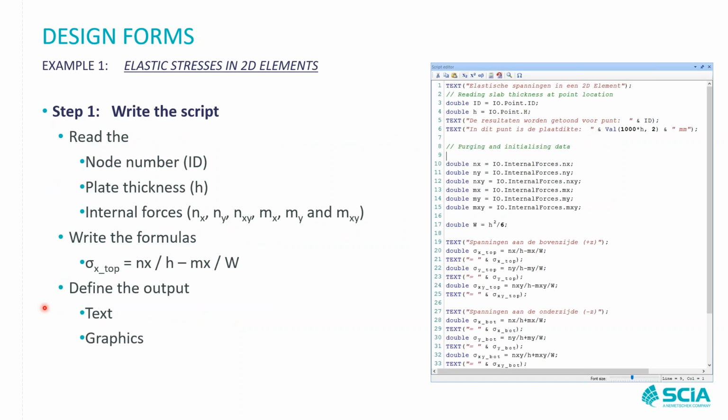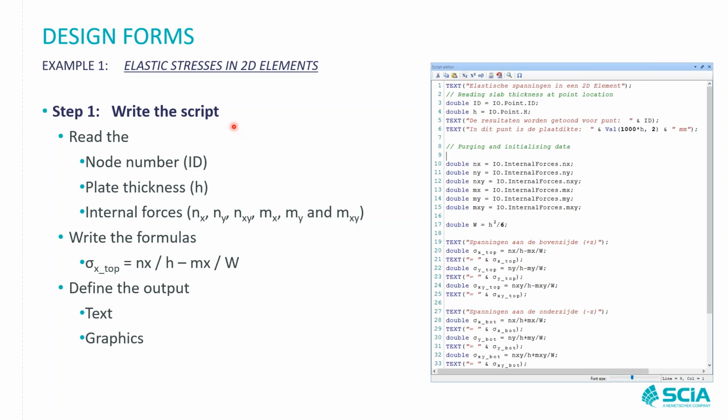So how does it work? Step one is writing the script. This is a simple example. We are going to calculate again some elastic stresses in the elements. First, we are going to write the script, and this is an example of such a script at the right side.